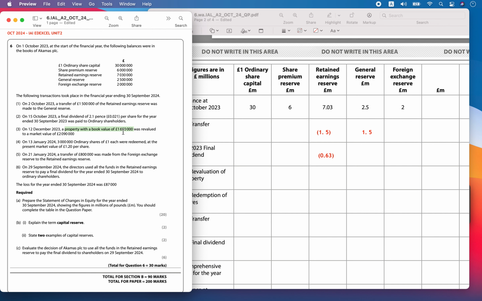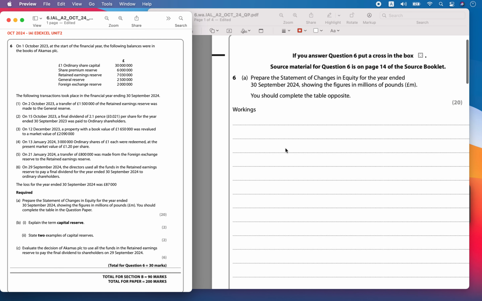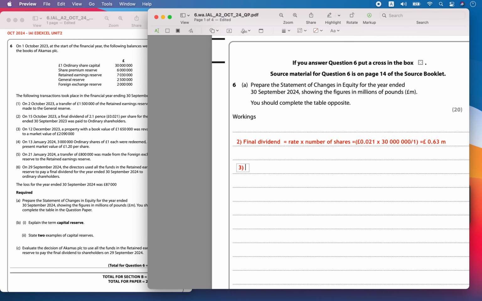Now, revaluation of the property. The property with a book value of 1.65 million was revalued to 2.09 million. So let's calculate the revaluation.